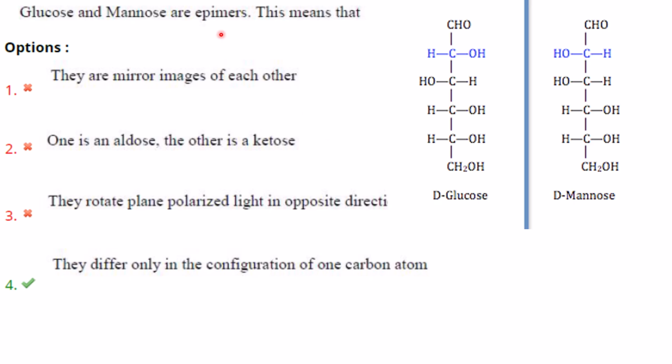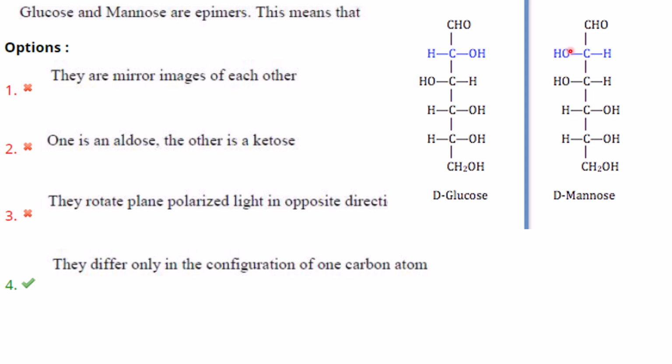Then, glucose and mannose are epimers. Now epimers means they have more than one chiral carbon atom, but they differ from each other in the configuration of only one chiral carbon atom. Chiral means the carbon atom having different groups attached to it. So this carbon atom, if you take, it is having the aldehyde group here, OH group here, hydrogen here, and an entirely different group over here.